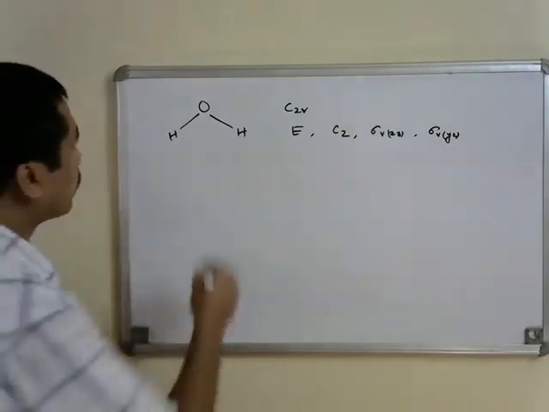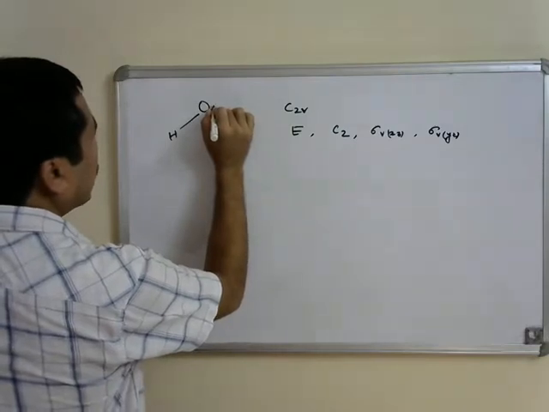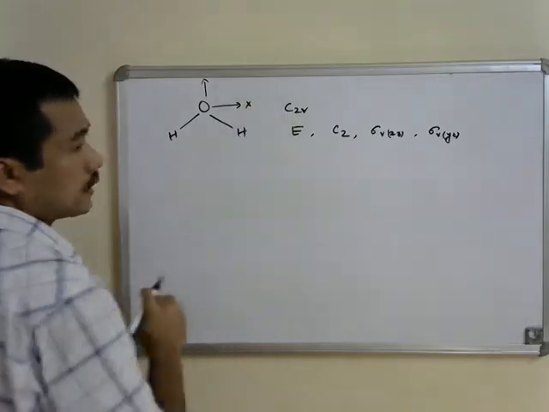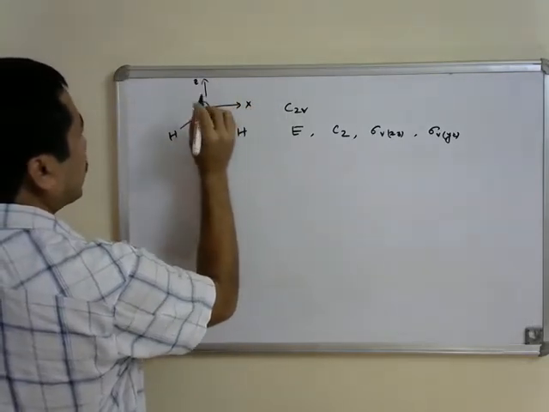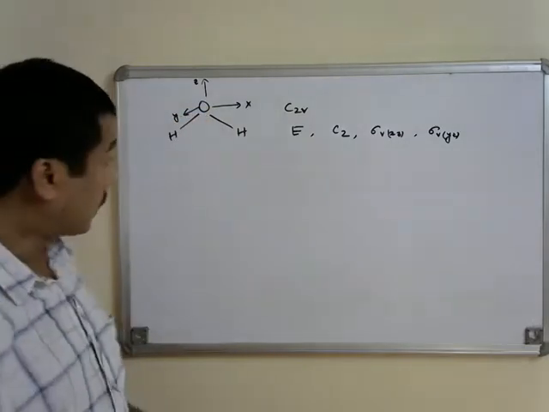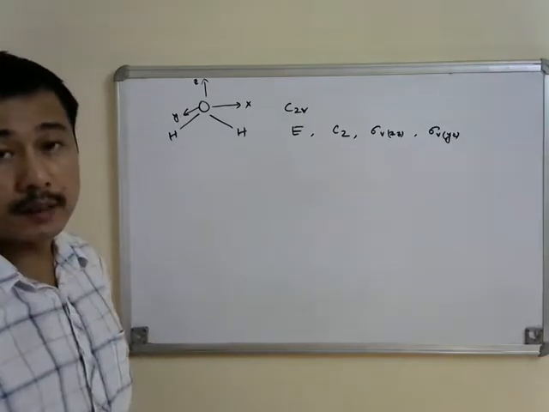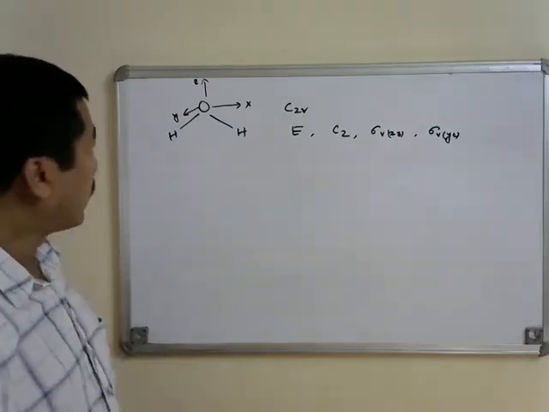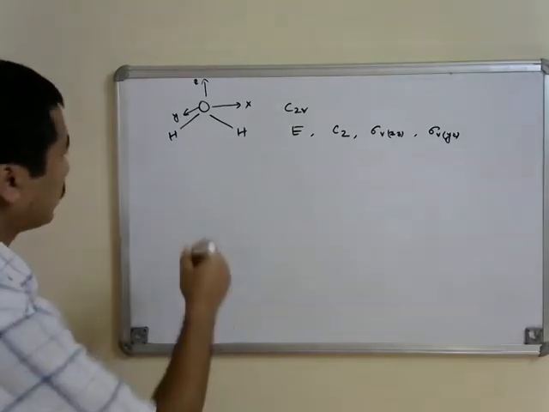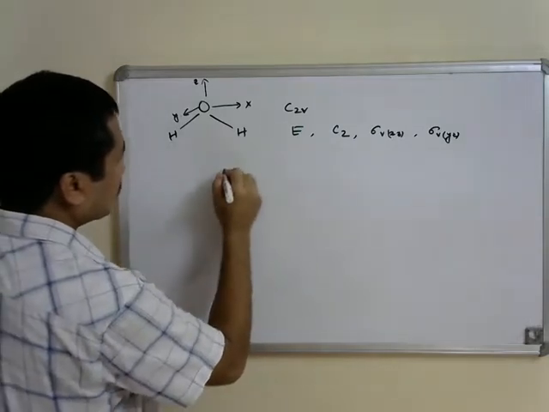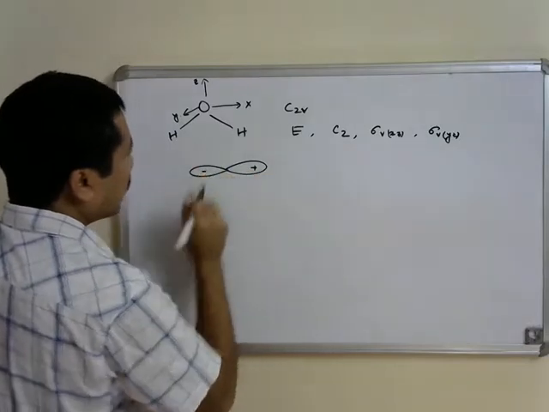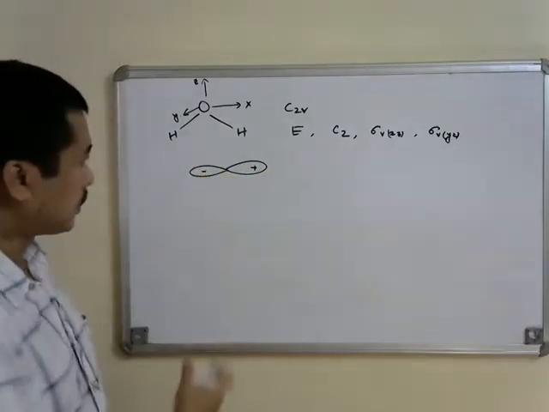There are three p orbitals on the oxygen atom, we know, and the p orbitals are essentially pointed towards the x-axis, y-axis, and the z-axis. So that's the Cartesian coordinates with the oxygen atom as the origin, and we know along which directions the p orbitals are oriented. If we draw the px orbital over here, we know the lobes of the p orbitals have this sort of an opposite symmetry.